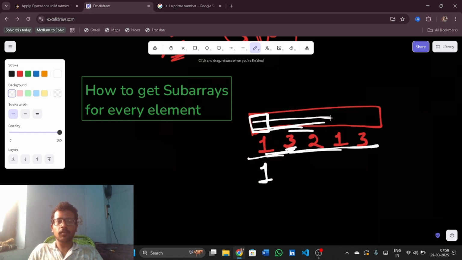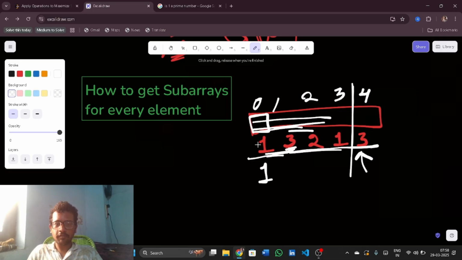The next element which I get equal to 3 is at index, let me write those indices, 0, 1, 2, 3, 4, just 4. So I can take the subarray still here.